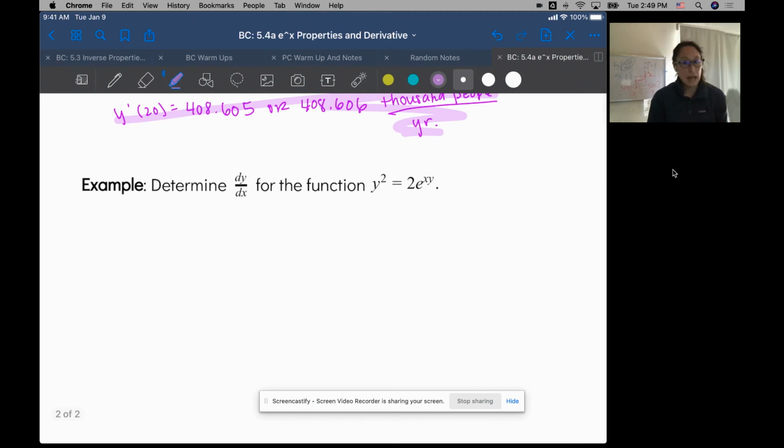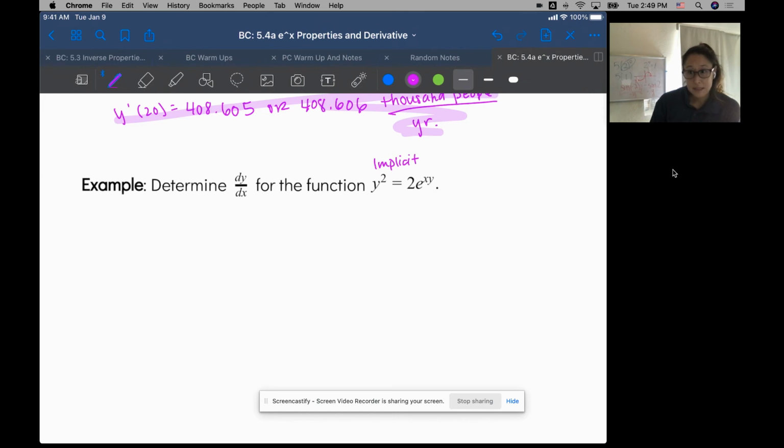Our last example for this video, and then there'll be another one. Okay. So we're going to take d dx of y squared is equal to 2 times e to the xy. So I see implicit differentiation here, since y is not by itself. Okay, could you make y by itself?